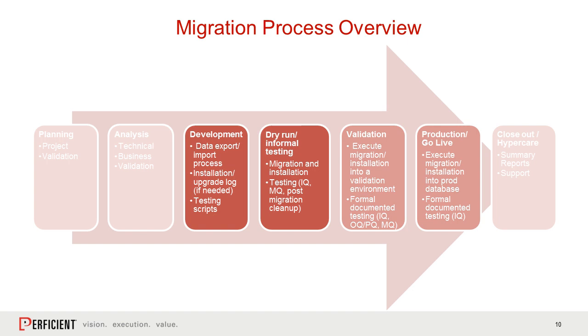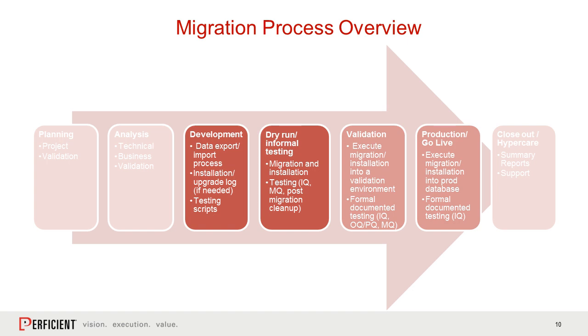I also have the dry run and formal testing highlighted because although that's not part of the procedure you use to move the data, it's extremely important to get feedback on whether it worked or not. And then there's also the validation and production boxes there on the right.